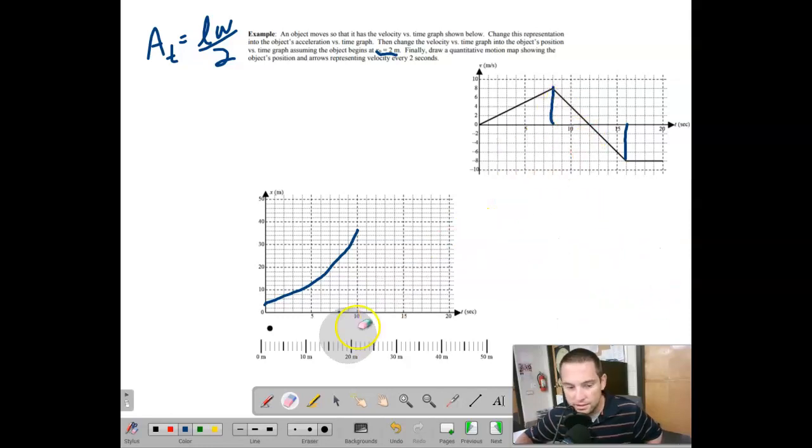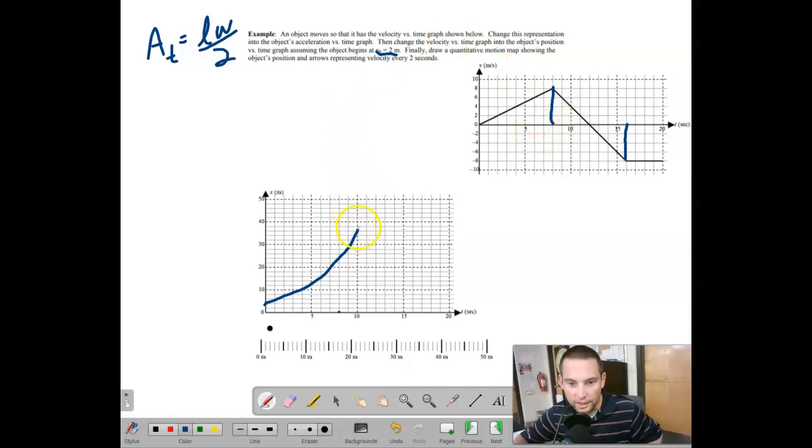For the next segment, we're going to find the area of this triangle again. The rise or the height is 8, and this is 4. That's right. 8 times 4 is 32. 32 divided by 2 is 16.